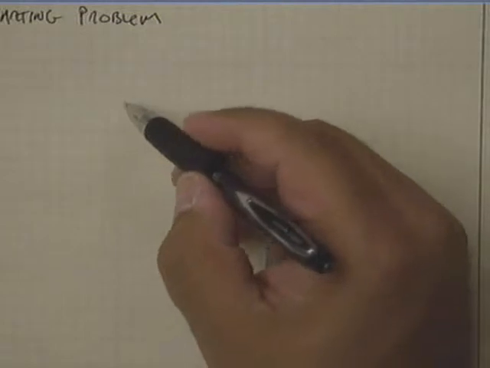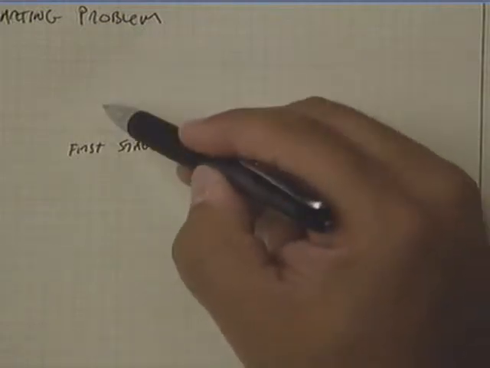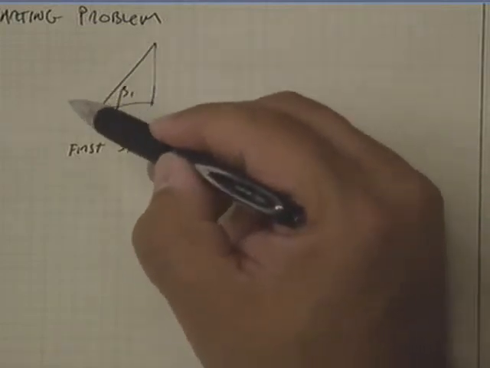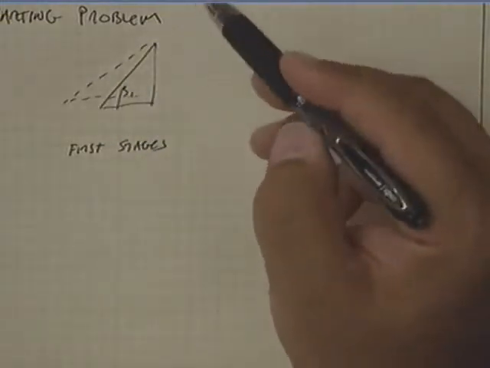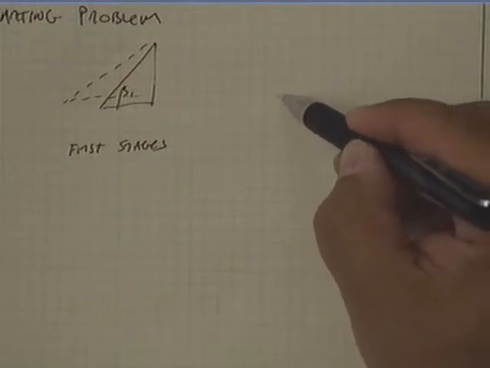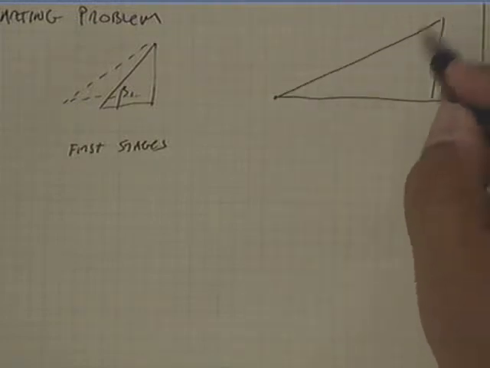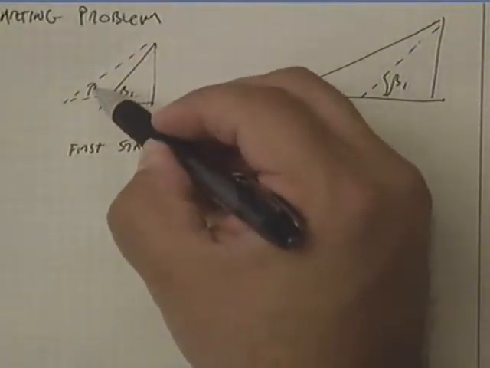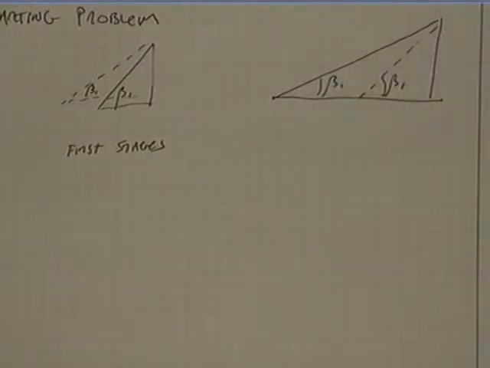And essentially what you have is, in the first stages, you have your design, and then you have something that would look like that, and in the rear stages, you would have the beta 1, and the dashed lines are what you have when you have a slight decrease in mass flow, and the solid line would be the starting condition.